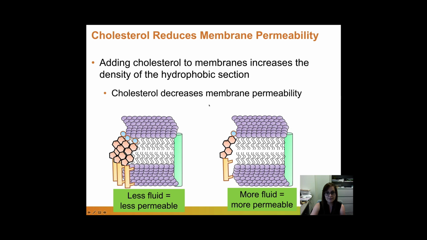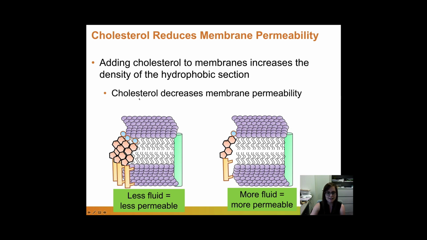So the next variable I want to talk about is adding cholesterol to the membrane. Adding cholesterol to the membrane increases the density of hydrophobic regions, okay? So now we're adding even more hydrophobic regions to this region in the lipid bilayer. So more hydrophobic interactions.